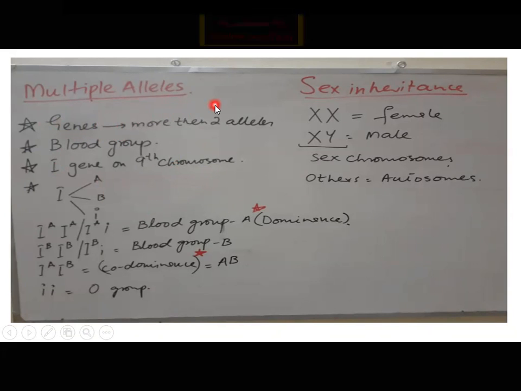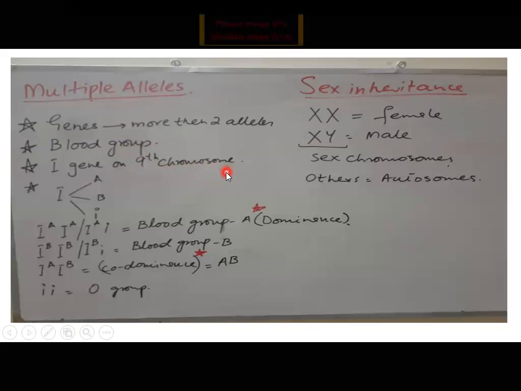Now the next topic is about the multiple alleles. So far we have discussed that a gene carries two alternative forms. These are called the alleles. But actually, the genes may carry more than two alleles, right? The example is the blood group system, and there is the I gene on the 9th chromosome that is responsible for marking the blood group of that person.